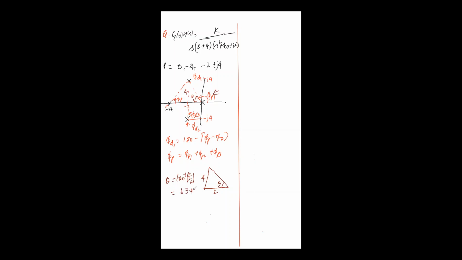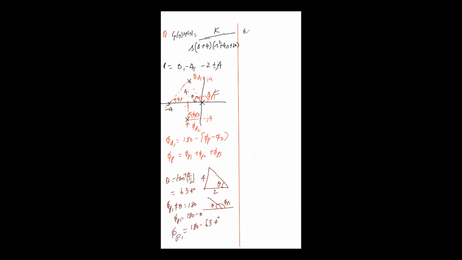So what will be phi p1? Phi p1 is something like this. This is theta, and this is phi p1. So phi p1 plus theta is 180 degree, or phi p1 will be equal to 180 degree minus theta, that is 180 degree minus 63.4.